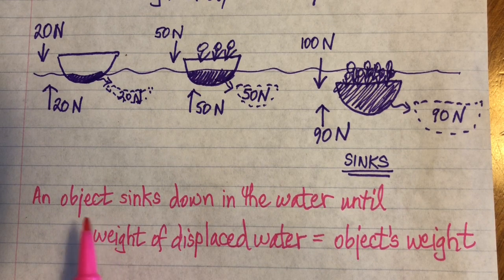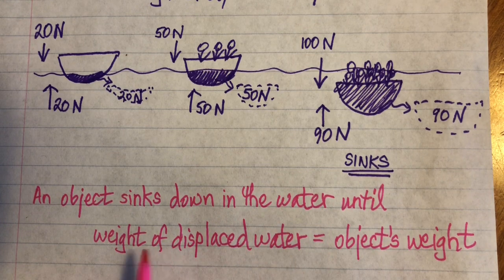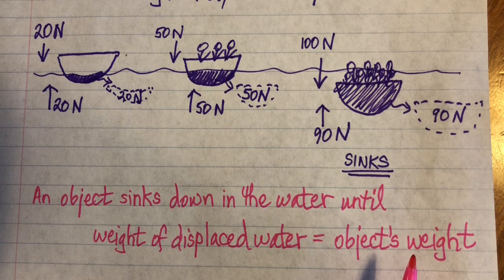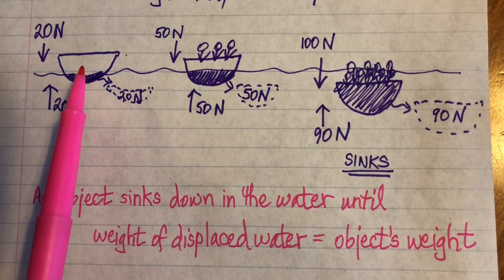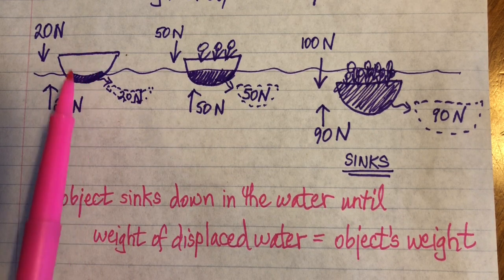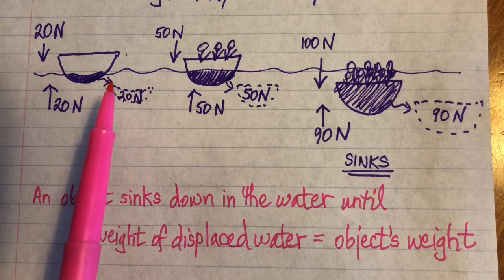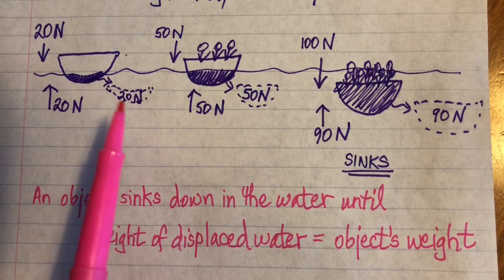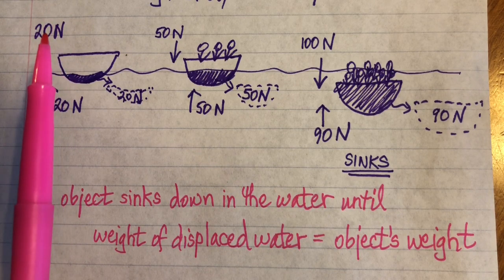So what happens is an object sinks down in the water until the weight of the water it displaces equals the object's weight. So let's check our pictures again. When you drop the ping pong ball in or a little boat, it will sort of bob up and down. It stops when the amount of water it's displacing is equal to the weight of the boat.